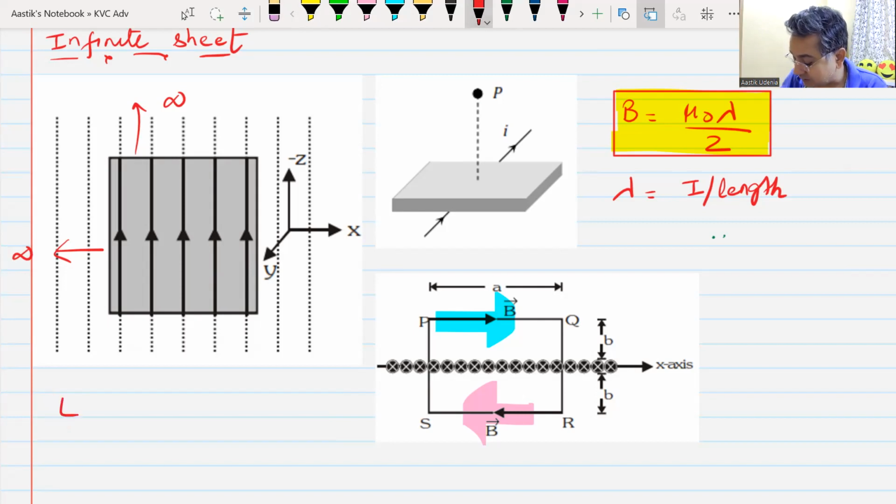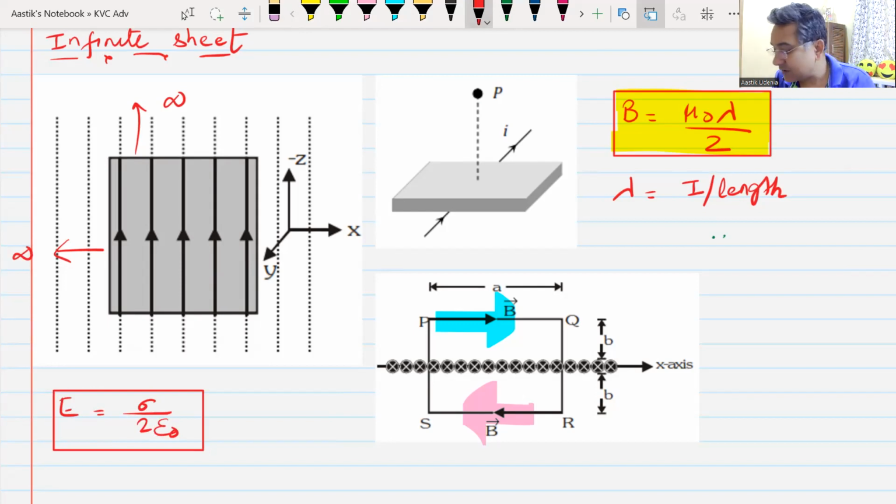I know that you have forgotten this formula. Anyways, sigma by 2 epsilon naught was the formula of electric field for an infinite sheet. When it becomes an infinite sheet carrying a current, the formula becomes mu naught lambda by 2. Mu naught in the numerator, epsilon naught in the denominator. Here it is sigma, here it is lambda. Formula is same. I'll give you 2 minutes to note this down.